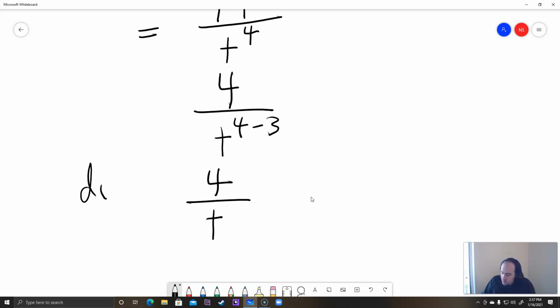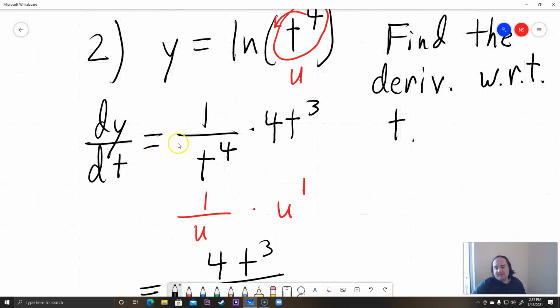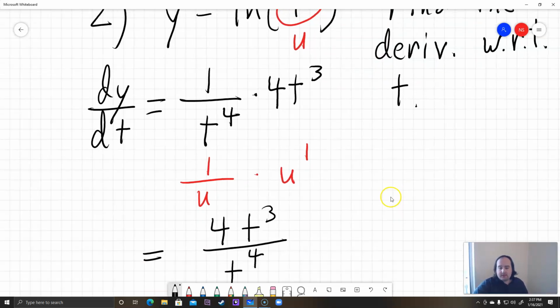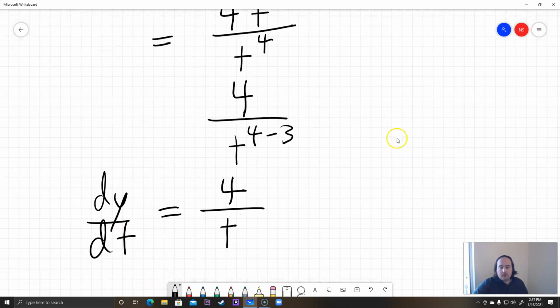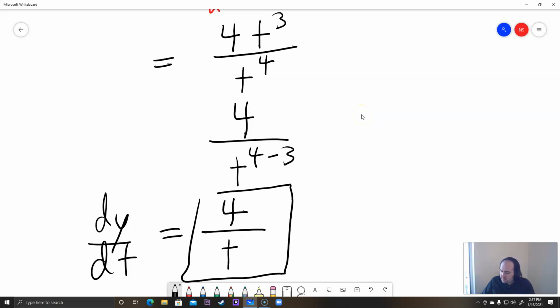So our dy dt is going to be 4 over t. And remember, it's dy dt because our independent variable here happened to be t instead of x. But they're just letters. T works the same as x. It's just a different letter that represents an independent variable. Okay, so dy dt equals 4 over t, and that's our answer.